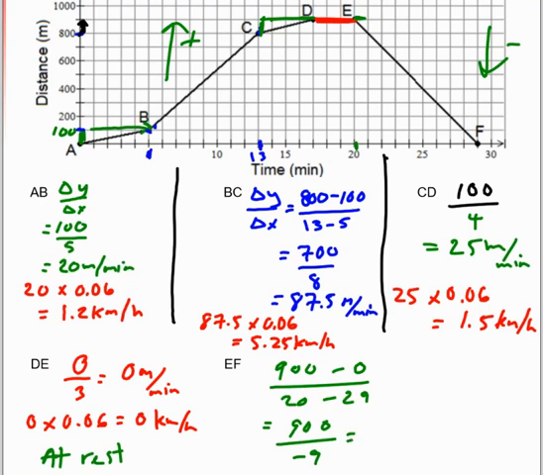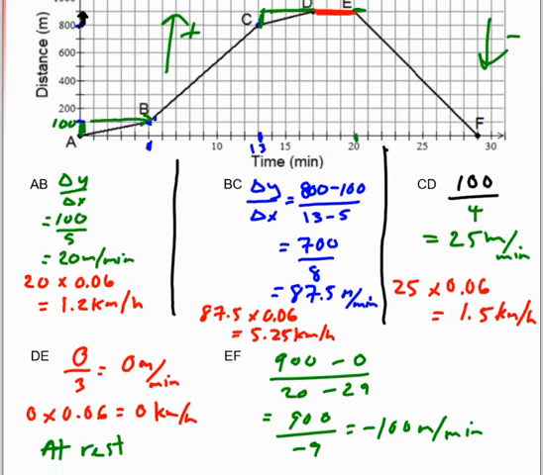What does that give us? Well, that's going to be easy. 900 divided by 9 is 100, and he's going negative 100 meters per minute. All right.